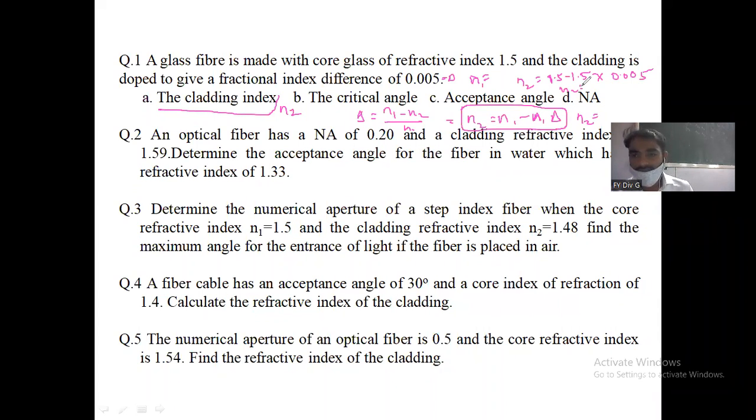You can take the help of a scientific calculator and solve this. Please check it. N2 is equal to 1.495 or 1.492? N2 is equal to 1.492.